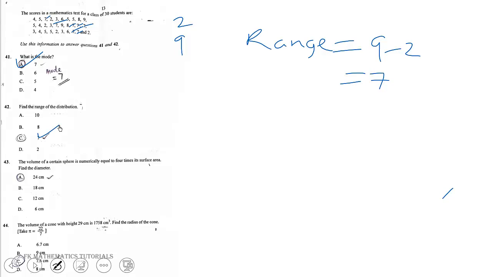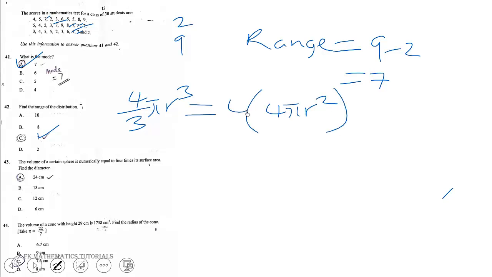The volume of a certain sphere is numerically equal to 4 times its surface area. Find the diameter. Volume of a sphere is 4 over 3 pi r cubed, and the surface area of a sphere is 4 pi r squared. We were told that the volume is 4 times the surface area.